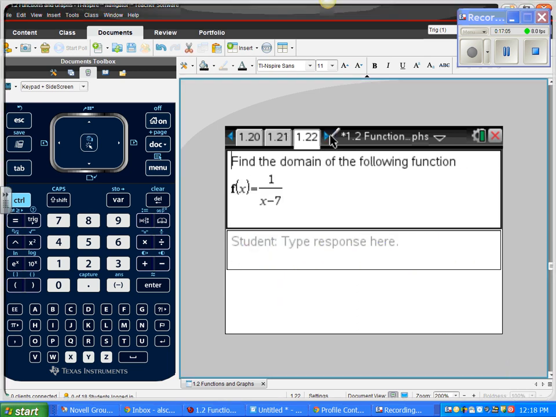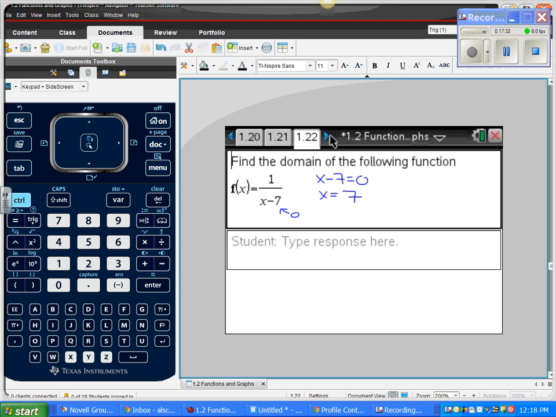All right, so how do we go about finding just the domain? Well, that part's pretty easy. We want to think about what would make this function undefined. That's really the only values we're concerned about. With fractions, we can't have a 0 in the denominator. That's what makes it undefined. So the way we find the domain is by taking the denominator for fractions and setting it equal to 0.